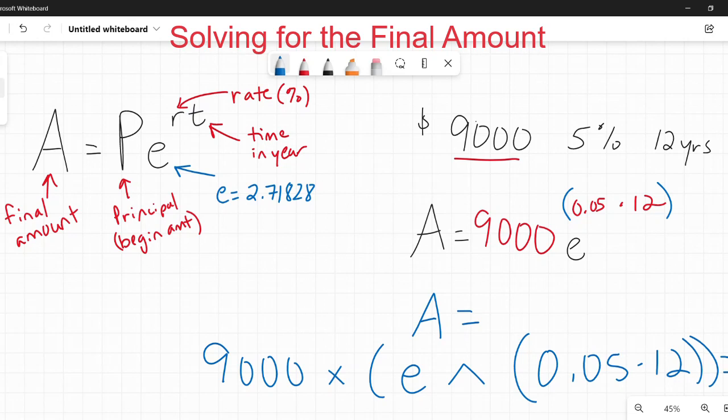And the answer that you get if you enter all that is $16,399.07. Now, just a little helpful hint, depending on what calculator you have, there may be a button on your calculator.